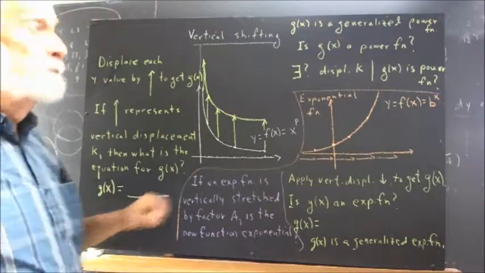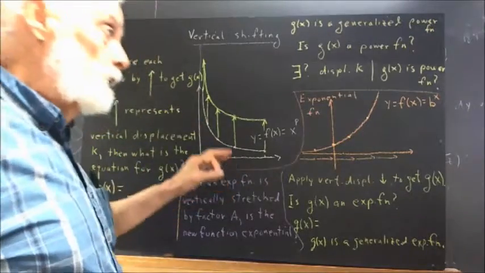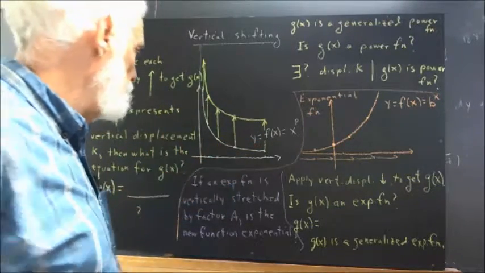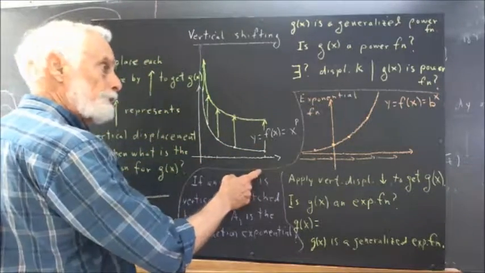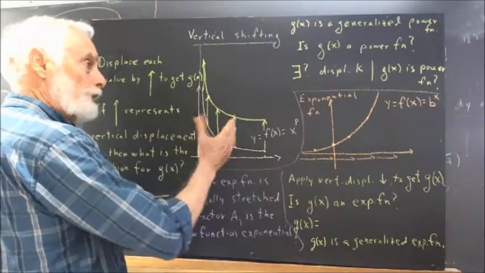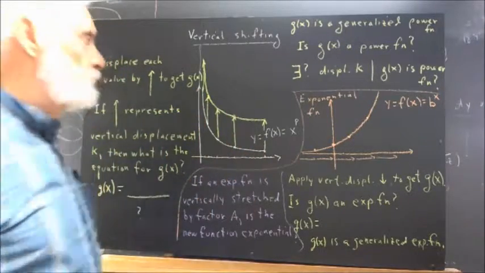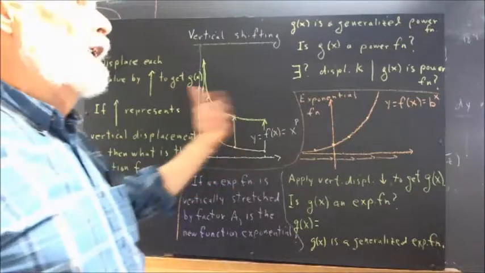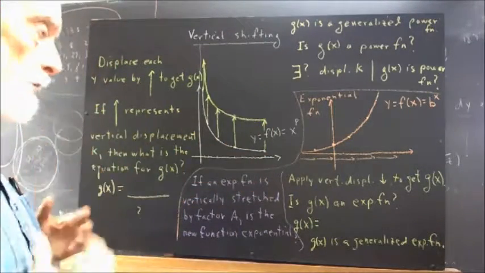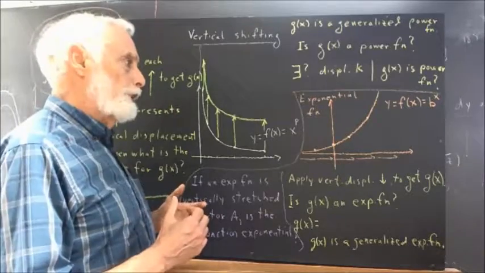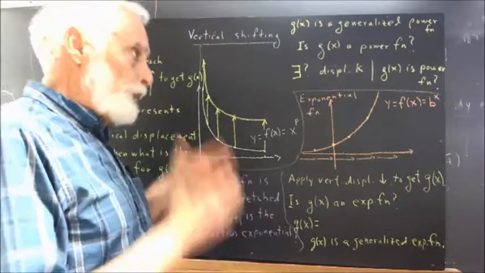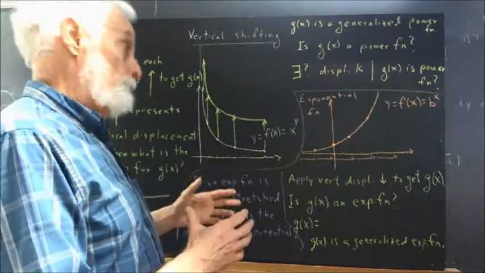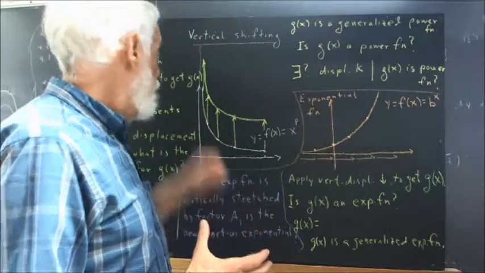And as we've seen, the power functions have the geometrical characterization that doubling x always changes y by the same factor. So you have a geometric test, and there's also an algebraic test. I want you to really think about the geometric test right now, because we haven't gone deeply into the algebra of power and exponential functions.